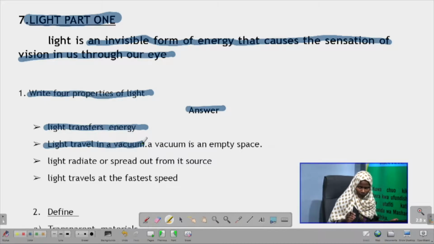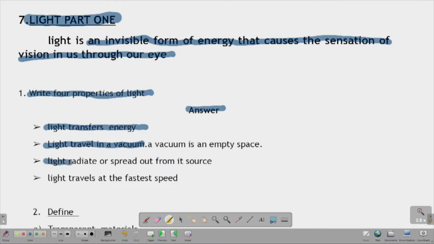So light can travel even in a vacuum. For example, the light energy that we get from the sun has to travel through space to reach here on earth, to reach our eyes, for us to see. There are other kinds of matter that cannot travel through a vacuum, but light can.